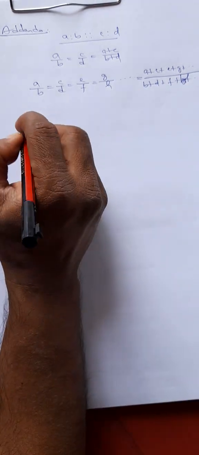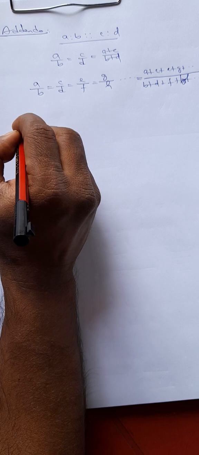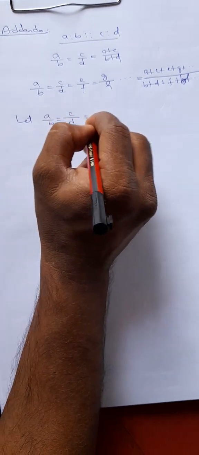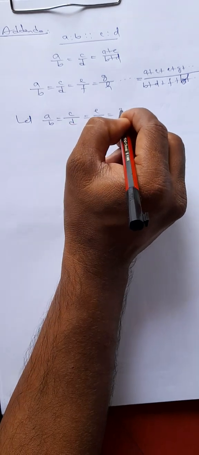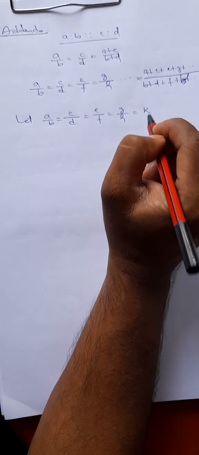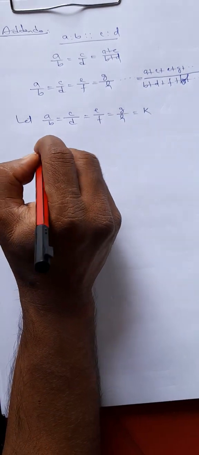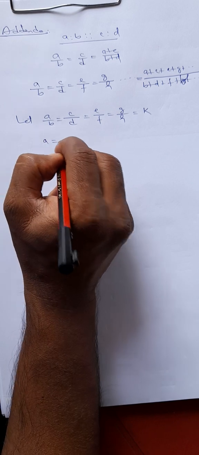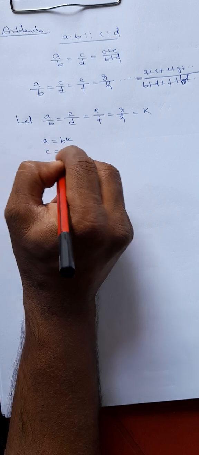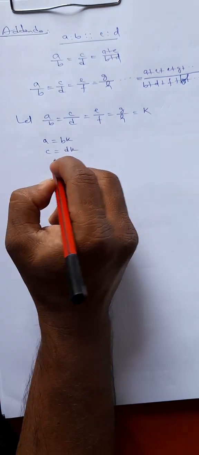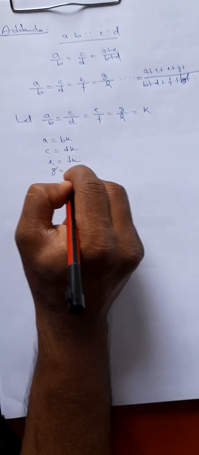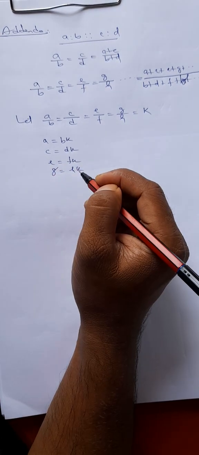Now let's prove this. Suppose A by B equal to C by D equal to E by F equal to G by H equal to, say for example, K. Now you find that A equal to BK, C equal to DK, E equal to FK, G equal to HK, right?